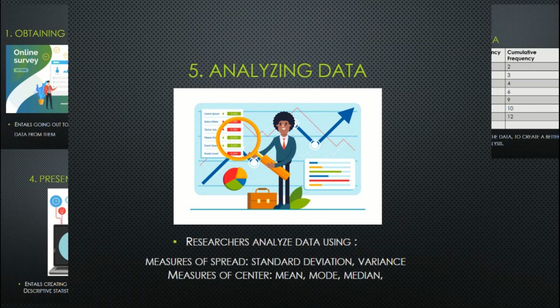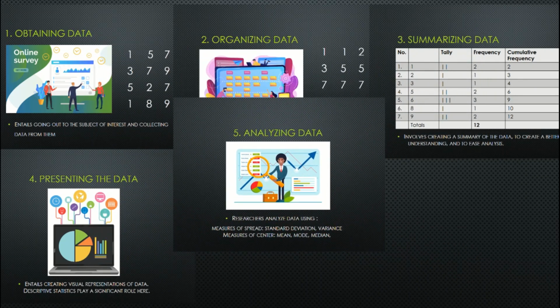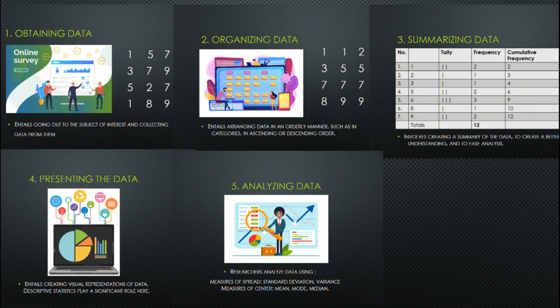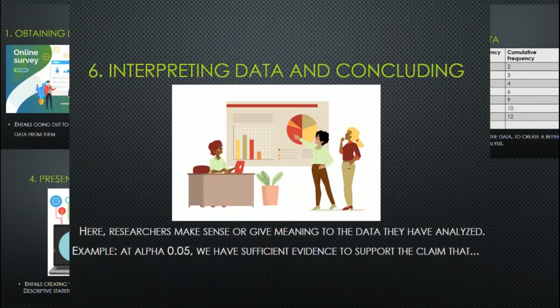We also use tests such as z-tests or student t-tests to analyze data. And after analyzing data, we interpret the data from the figures we obtain. Then we're able to interpret what the data means using previously set confidence levels or significance levels.